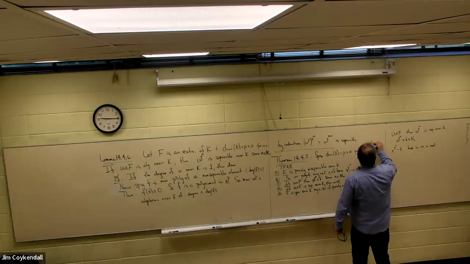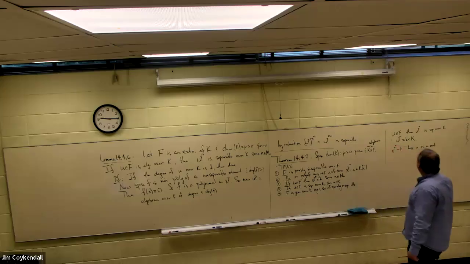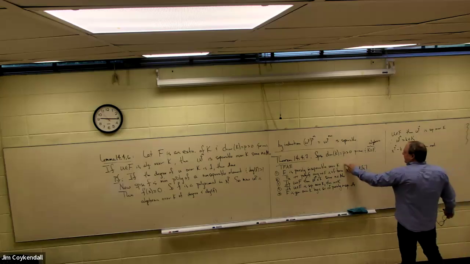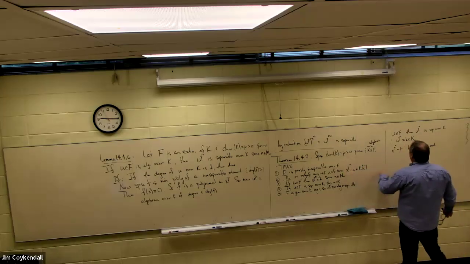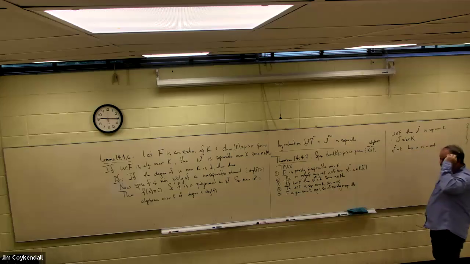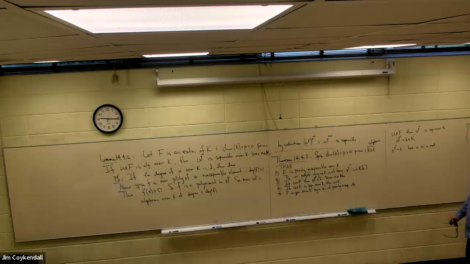I want this to be an algebraic extension, thank you. So what I've shown here is that if you have one, then you must be a root of a polynomial of this form. Now, why is the minimal polynomial of that form?